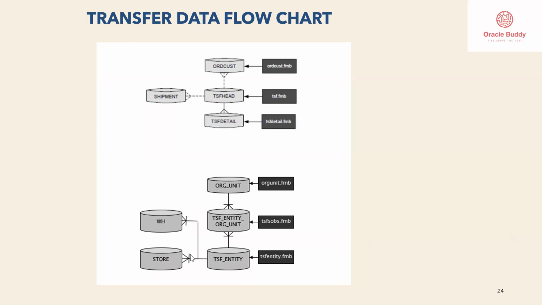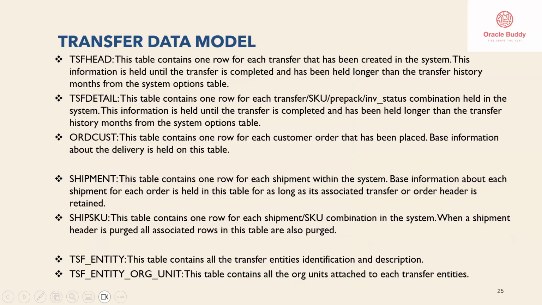So all these tables are getting updated. These are the transfer data models: TSF head, TSF detail, order cost, shipment, ships queue, TSF entity, TSF entity org unit. These are all important tables related to transfers.